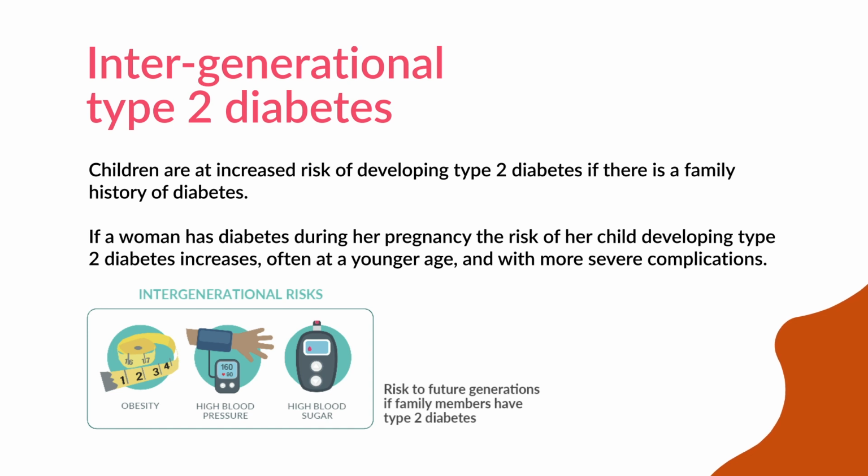Diabetes during pregnancy also increases the risk of babies developing obesity, high blood pressure, and/or high blood glucose later in life. Women with diabetes during pregnancy can have healthy babies. Good planning, education, careful management, and closer monitoring are needed to lower the risk for their child.